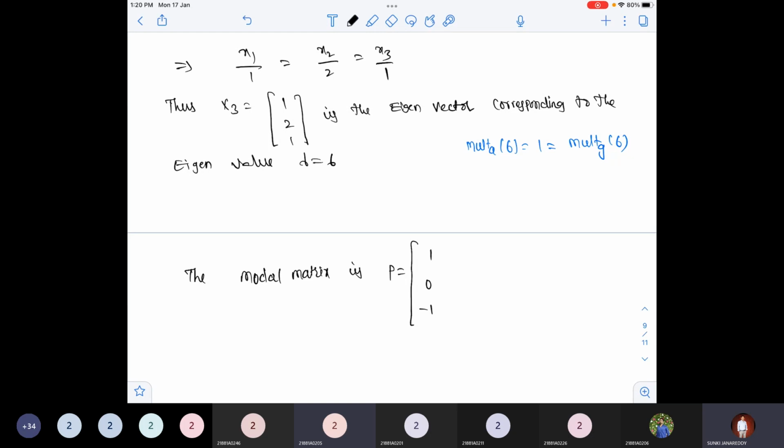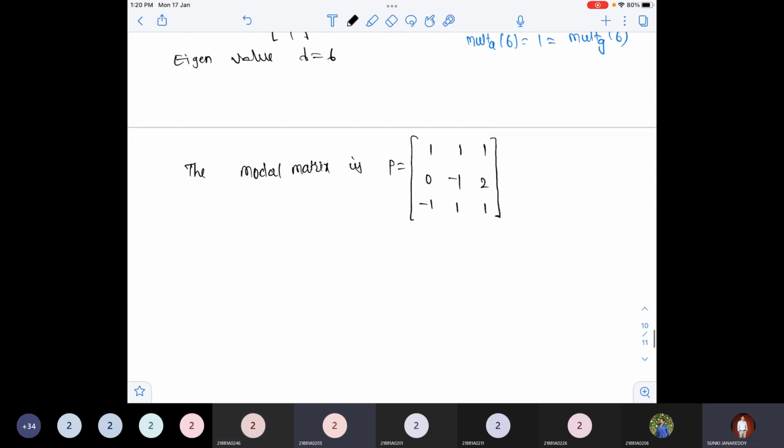What is the second eigenvector? -1 1 -1. Next, 1 -1 1; I took minus common. Next one: 1 2 1. Okay, that is the P. What is the inverse?